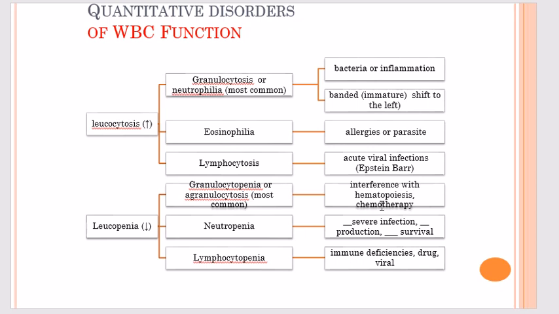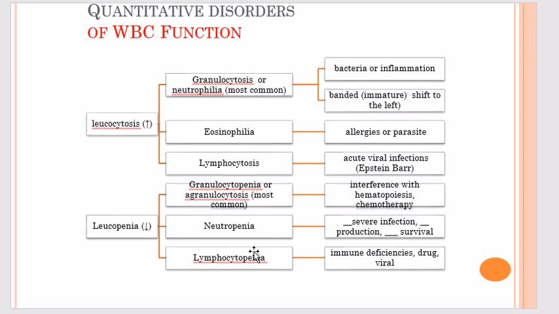Now, in terms of the causes of leukopenia, the causes of granulocytopenia and agranulocytosis include chemotherapy, as well as interference with hematopoiesis, and we know hematopoiesis is the formation of new blood cells.